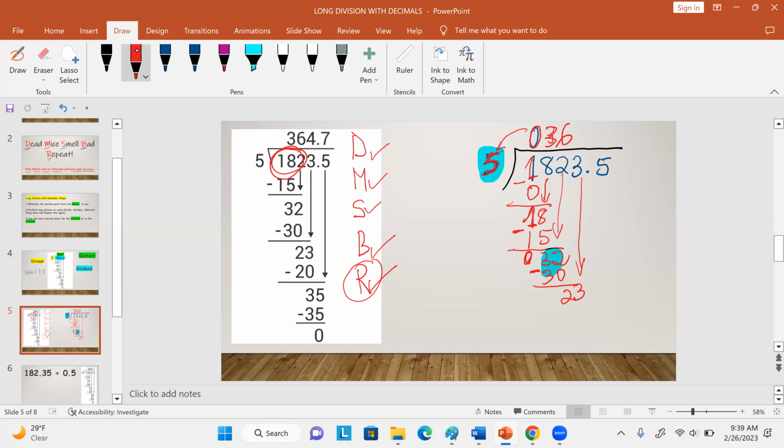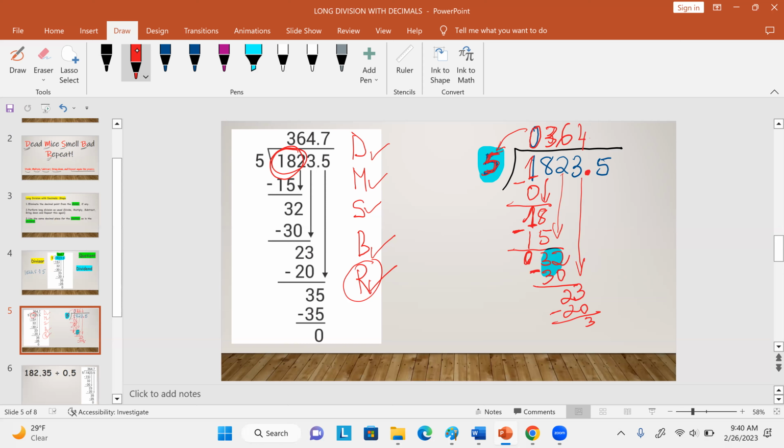We repeat the process. 5 goes into 23 how many times? 4 times, because 4 times 5 is 20. We write the 20 and do the subtraction between 23 and 20, which gives you 3, because 3 minus 0 is 3 and 2 minus 2 is 0. Before we bring down the next digit, there is a decimal here.